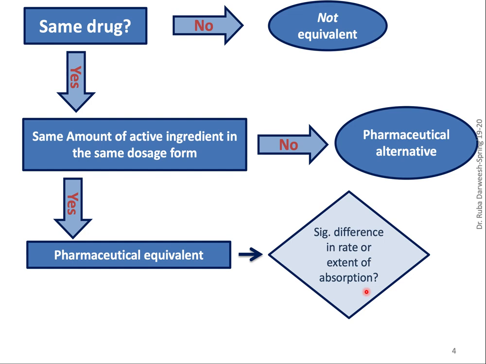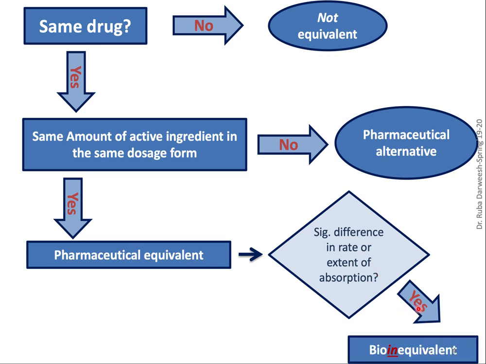I will pinpoint this note when we go through the slides. It's not just the absorption, but also reaching the systemic circulation. If we have a significant difference in the rate and extent, then we are talking about bioinequivalent products.